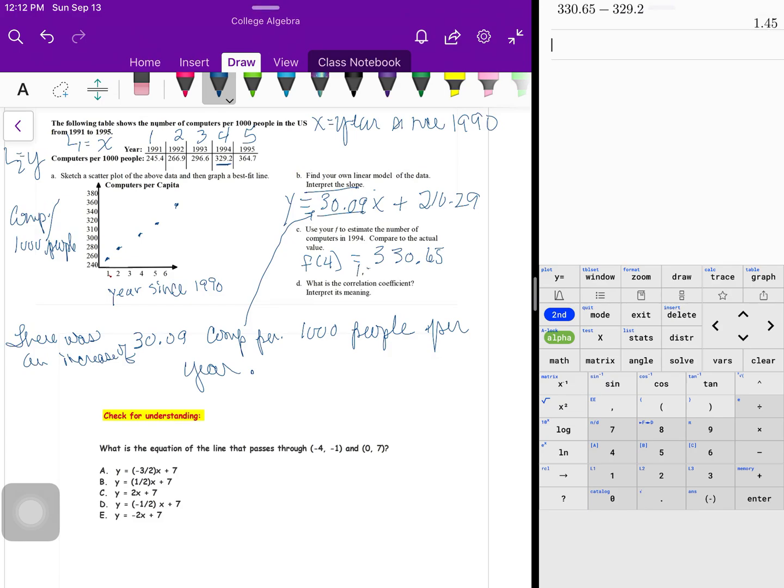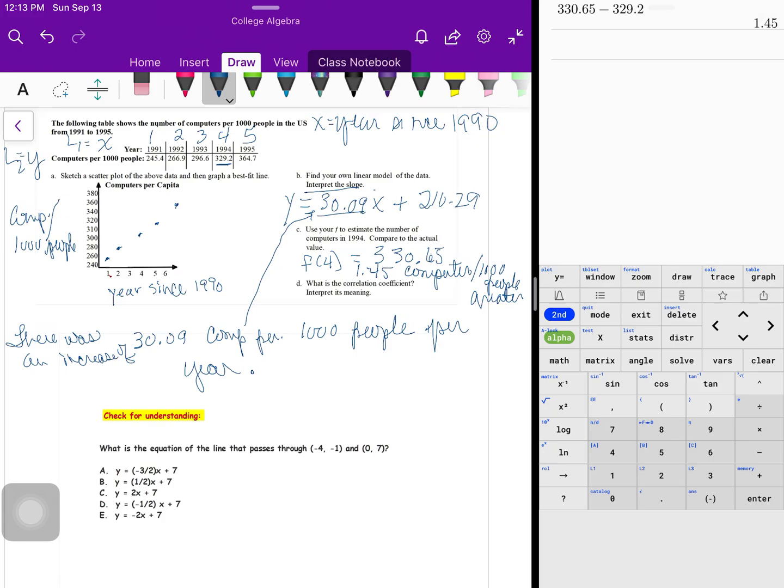So I am 1.545 computers per 1,000 people greater than the actual.